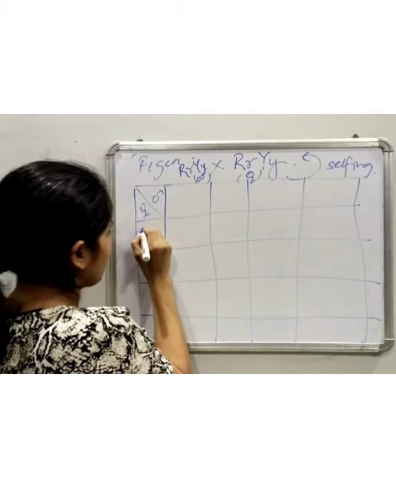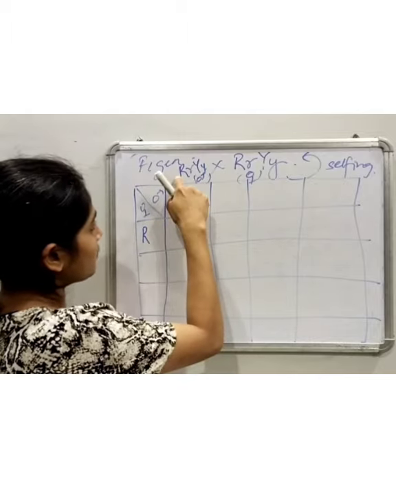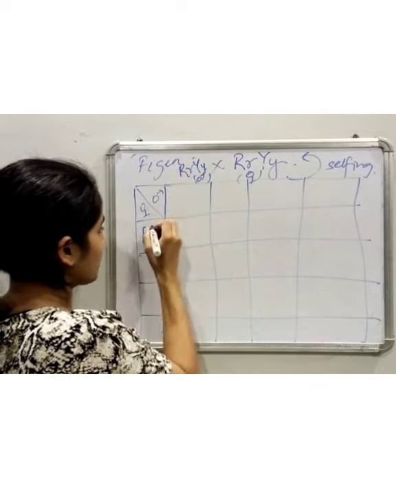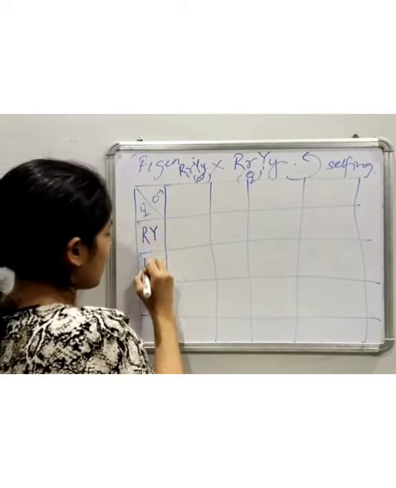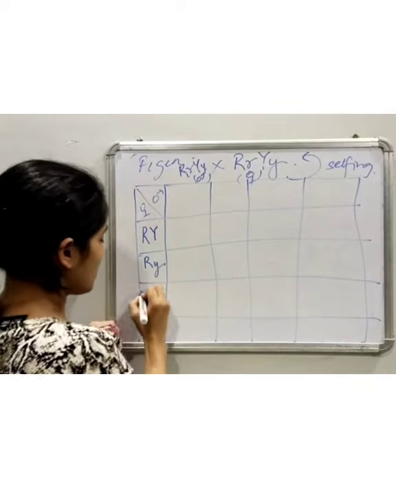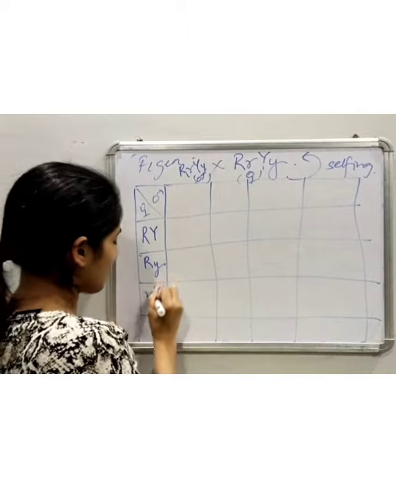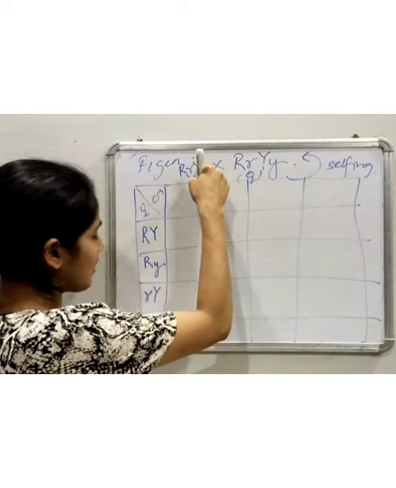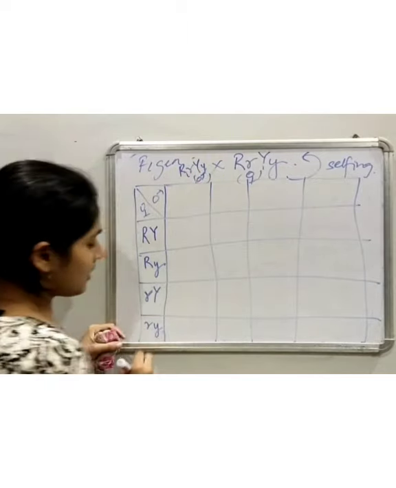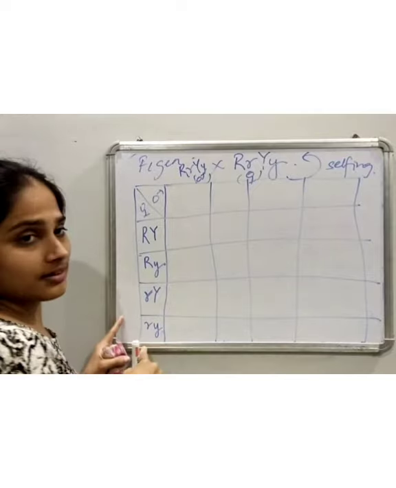So the gametes will be capital R with capital Y, capital R with small y, small r with capital Y, and small r with small y. This is for one sex.